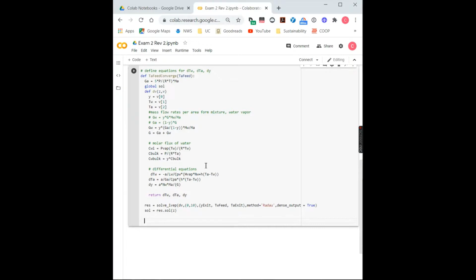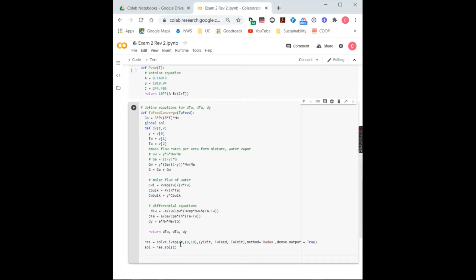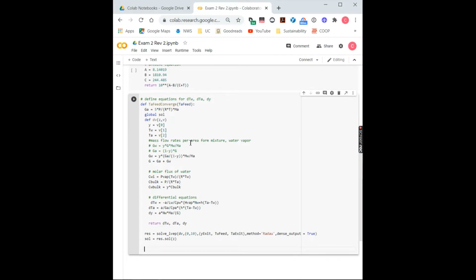However, we remember that we're solving these differential equations using an initial value for our air feed temperature that was simply a guess. So if we want to look at the difference between our calculated air feed temperature and our guess feed temperature, we look at V2, so the third position in our vector V, which gives the temperature of air.